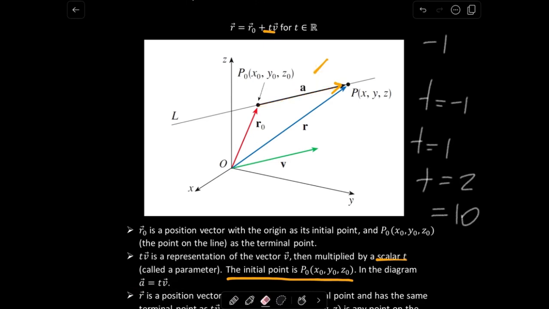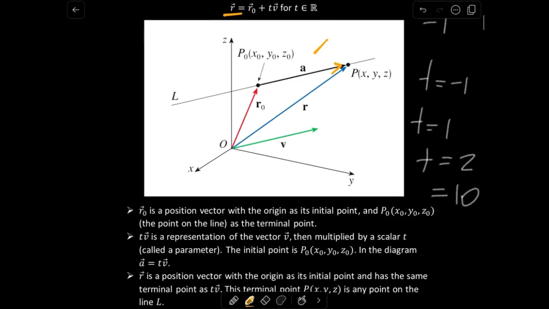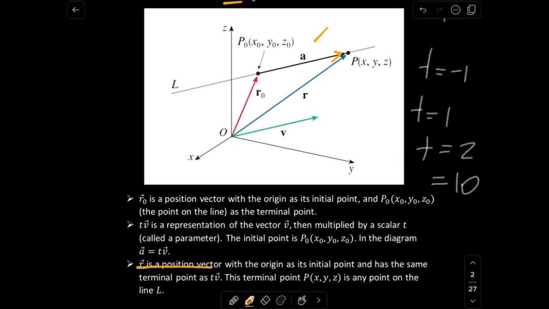And that brings us to the last portion of the equation. We've covered what vector r0 is. That's a position vector from the origin to that point on the line. And you know what t multiplied by vector v is. Now, what is vector r? Okay, the subject, what is that? Vector r is a position vector. Again, it's going to start at the origin, so it has the origin as its initial point, and it has the same terminal point as t multiplied by vector v.